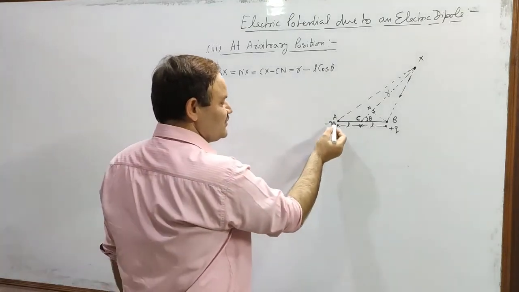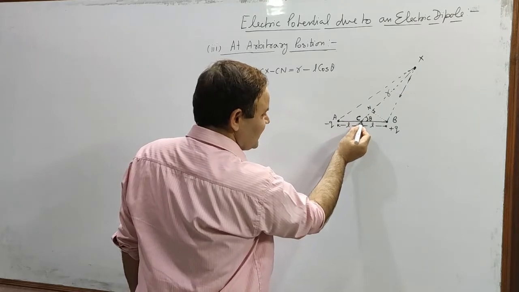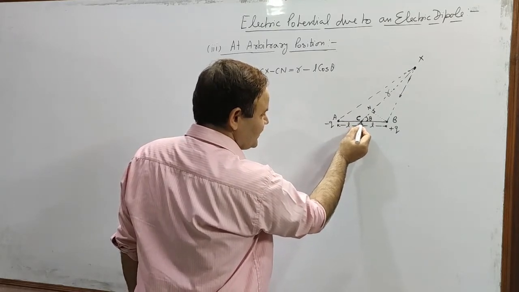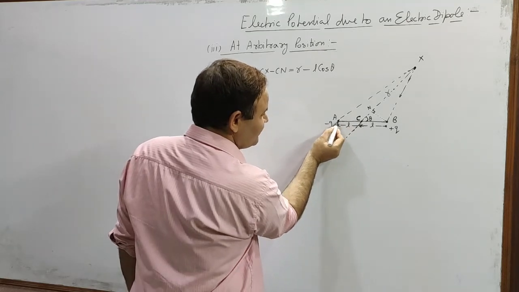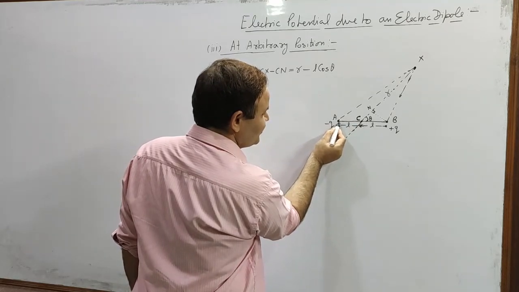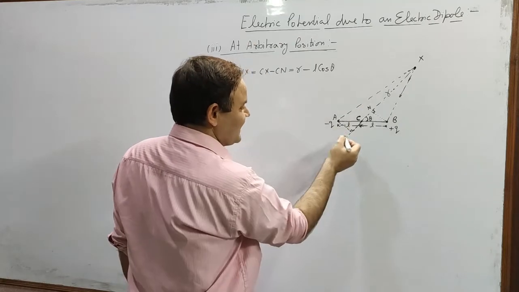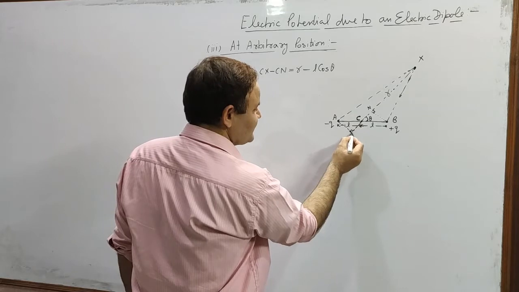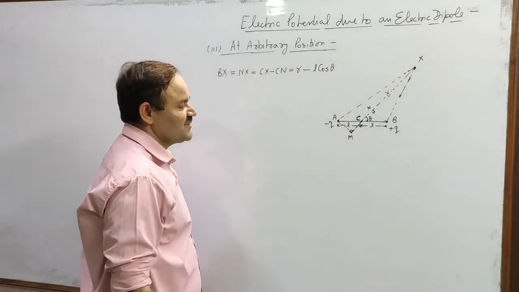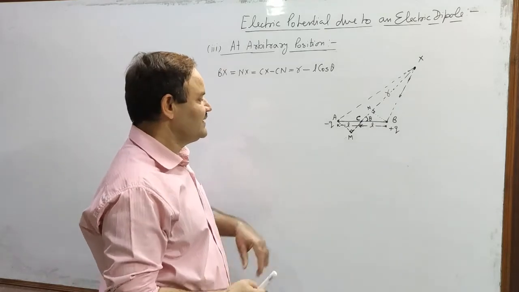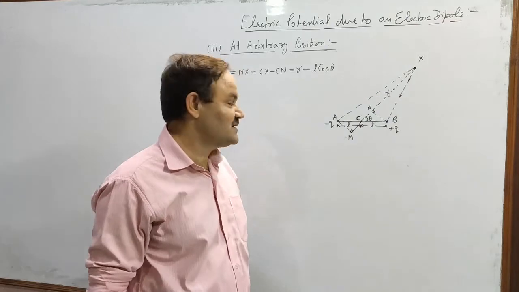Similarly, the distance of minus Q from X can be obtained by drawing a normal from the position of minus Q over XC produced, and say this time the foot of the normal is M. Then we can say that AX is equal to MX.